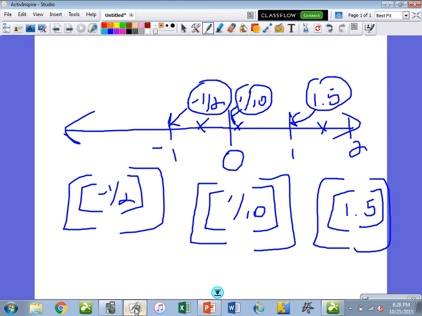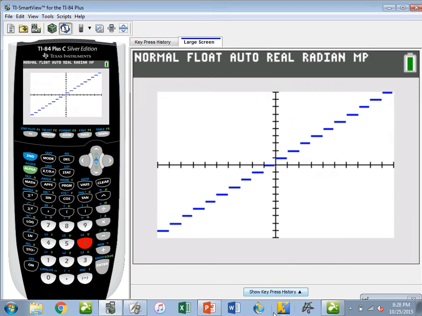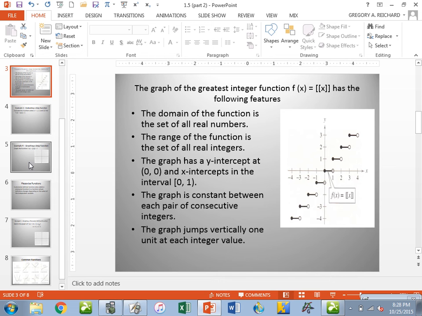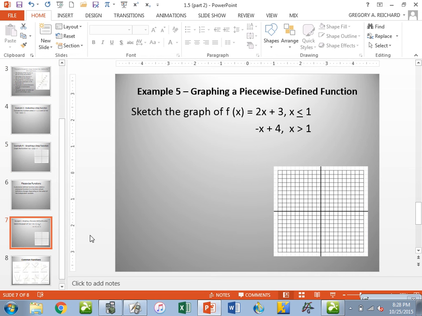And then if we look at the other example of the piecewise function. In terms of putting this into your calculator, it's a little bit of a weird looking thing that you're going to have to do here.